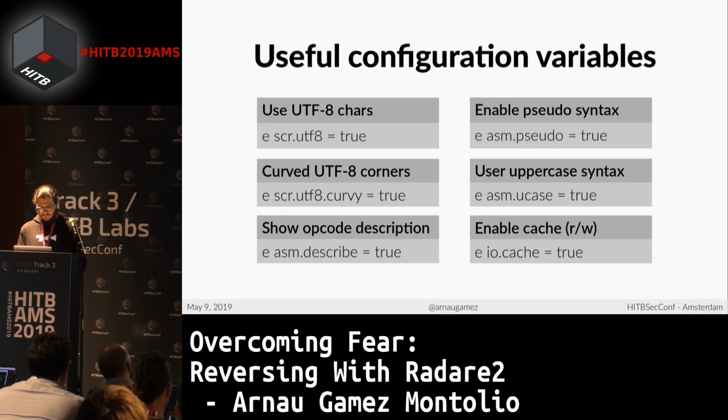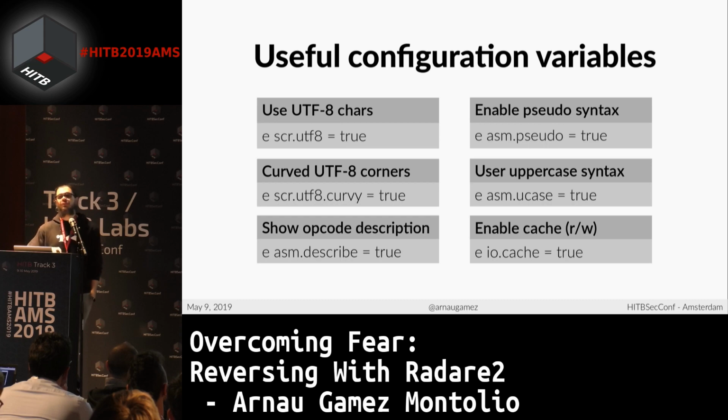Okay. And then there is that other trick that I mentioned before, which is the IO cache. This lets us write into the binary that is loaded into memory, but without modifying the actual file that is on the hard disk.